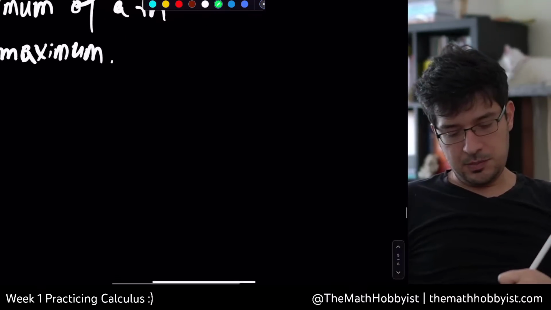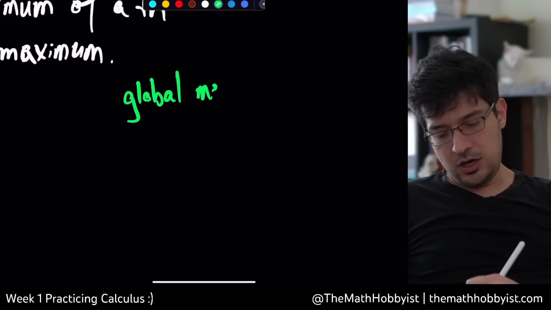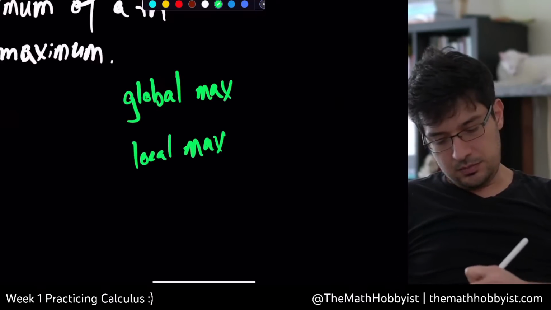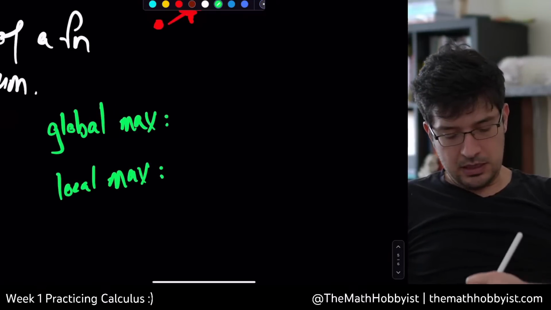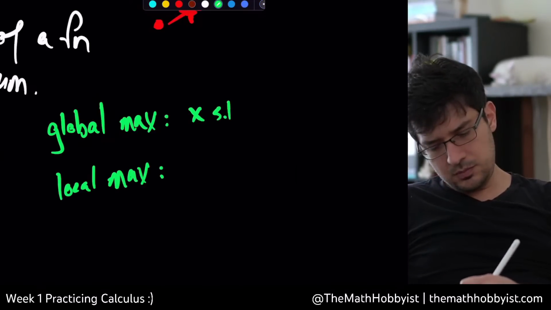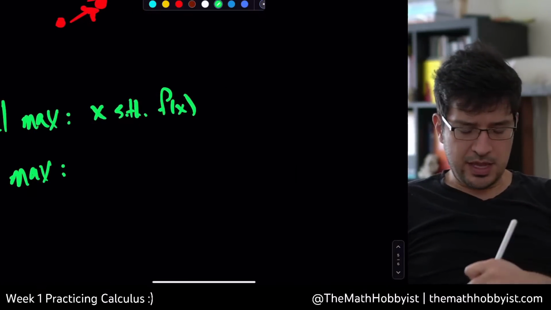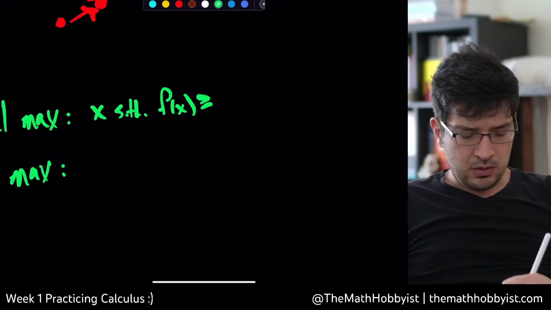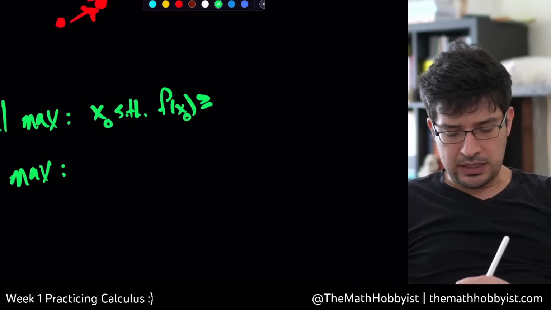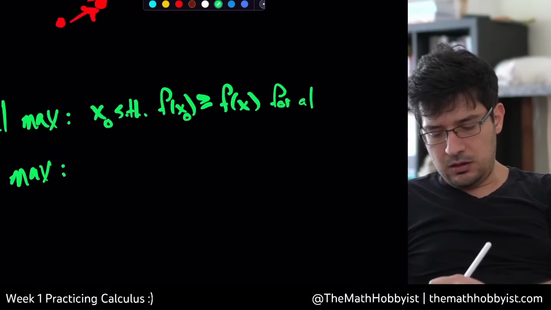Let me see if I can remember and summarize in my own words. A global max, I know what the idea is, but how do I write it down precisely? A global maximum is a point x naught such that f of x naught is greater than or equal to f of x for all x.